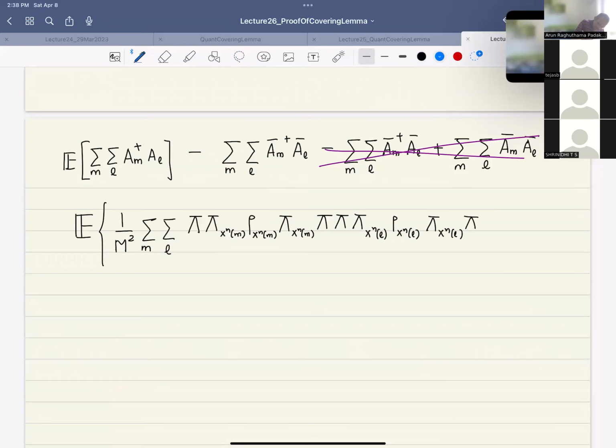So one term here, the other term here. And the 1 by m squared, I'm doing an expectation of the outside.